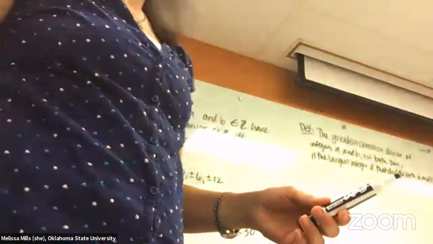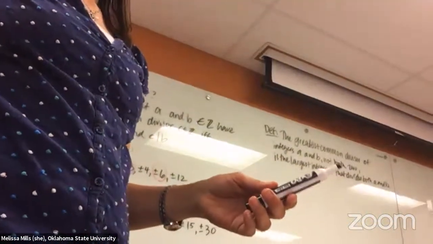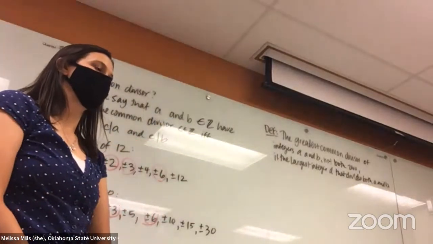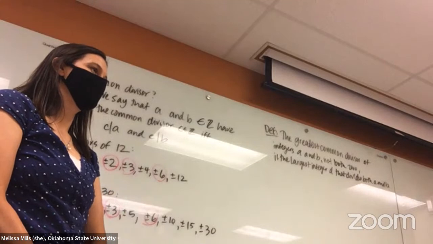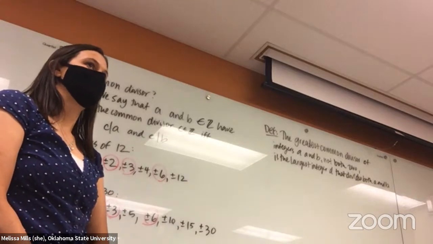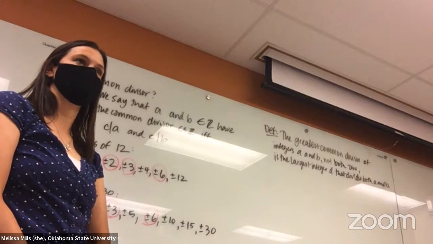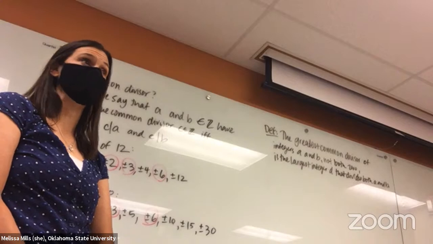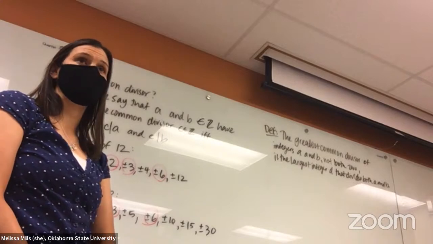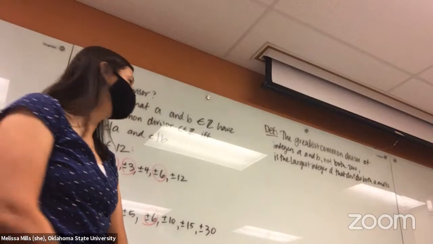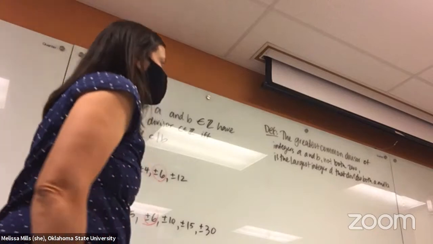Because they'll have the positive and negative, it's both factors. If D divides something, then negative D also divides it. So the positive one is going to be the bigger one. So yes, D does have to be positive because it's the largest.